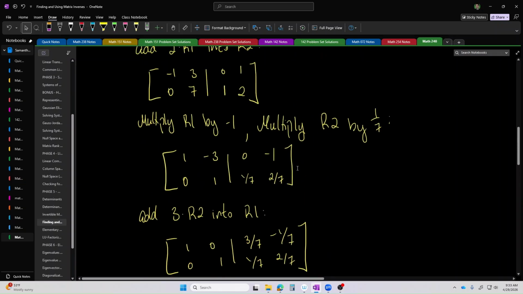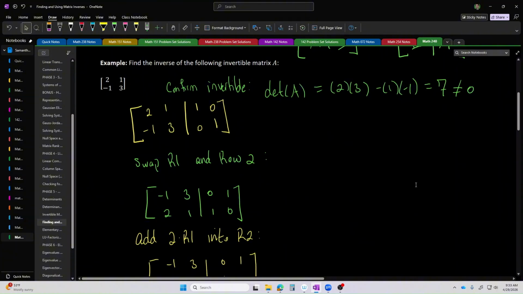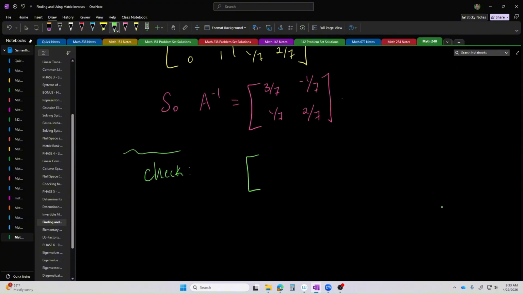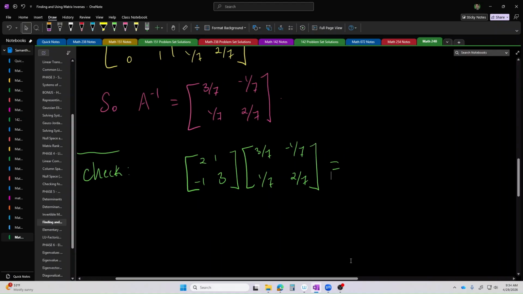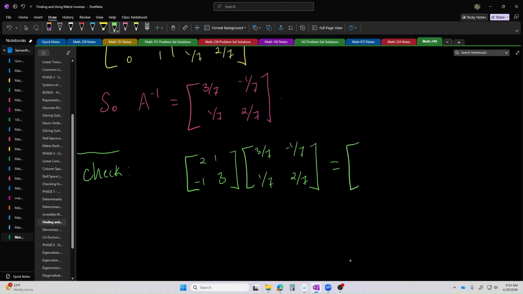If I take the original matrix A on the left-hand side, 2, 1, minus 1, 3, and I multiply it by the matrix A inverse that we just calculated, if I do those dot products, I'll get 6/7 plus 1/7, result 1.